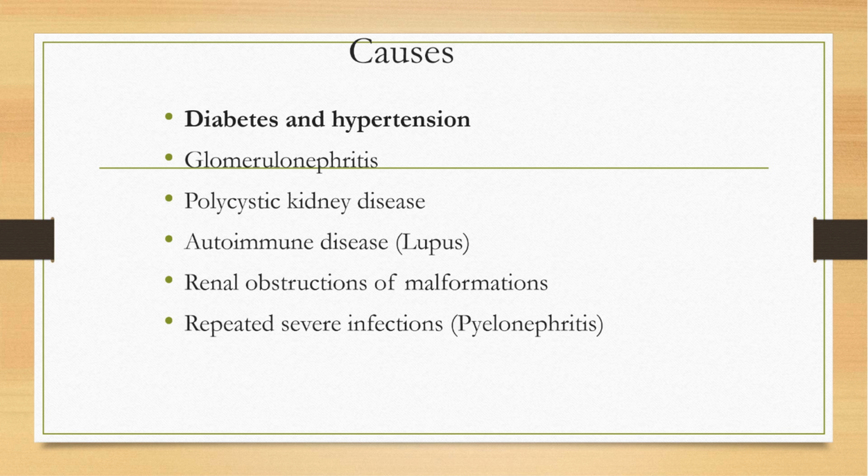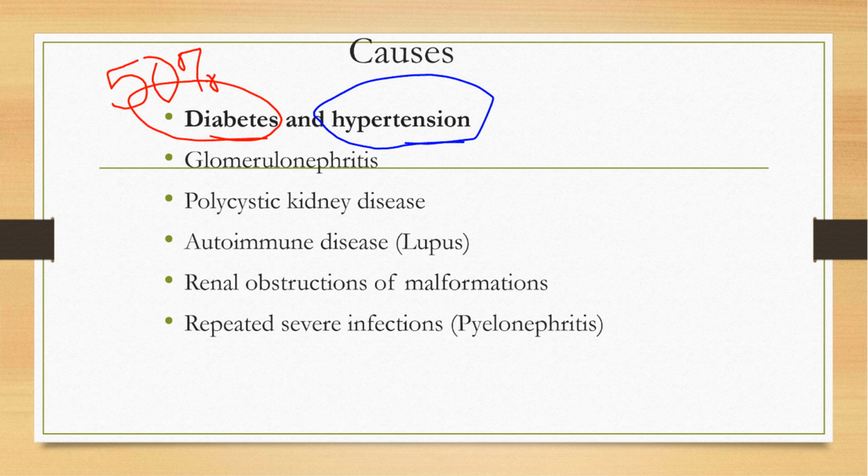Okay, on page 1108, it goes over why there's been such an explosion of chronic kidney disease in the United States. The number one and number two causes are diabetes and hypertension. Diabetes is number one, 50% of the reason people have chronic kidney disease, and then we have hypertension coming in at number two, and it's 25%.